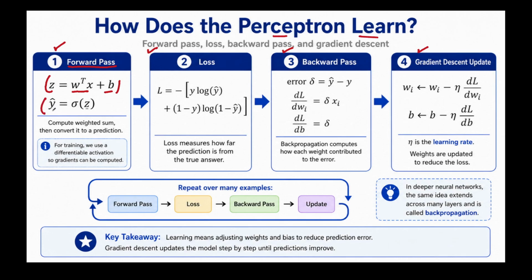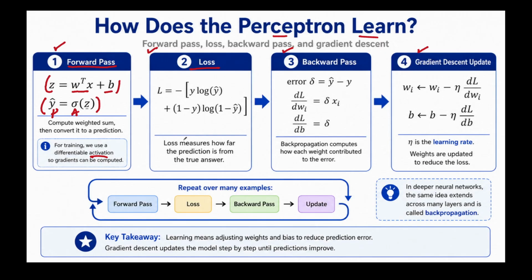The prediction is written as y hat equals sigma of z. Here y hat means the predicted output, sigma is the activation function. For training, we usually use a differentiable activation function because we need gradients to update the weights. In deep learning, gradient calculation is very important.